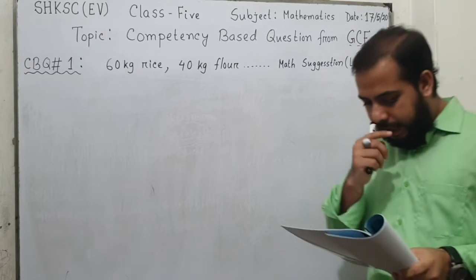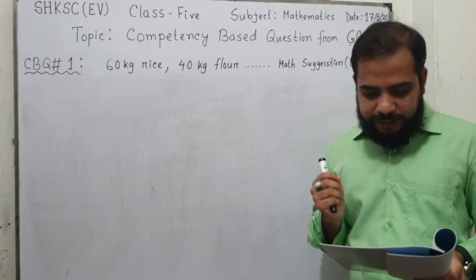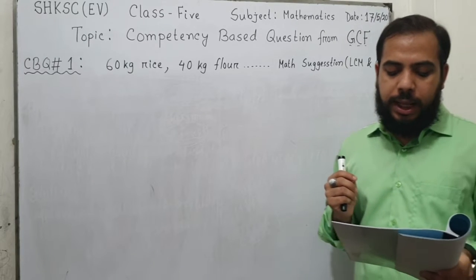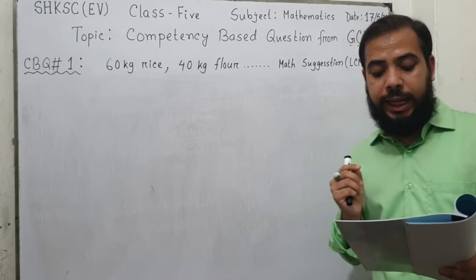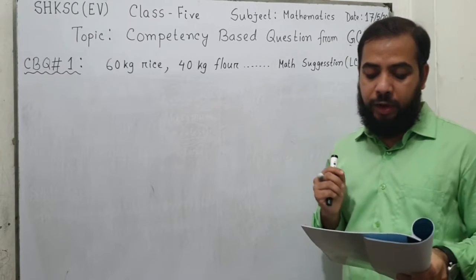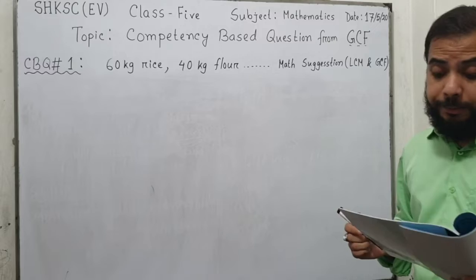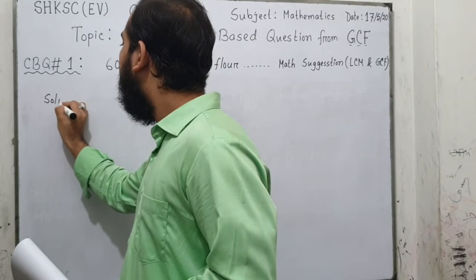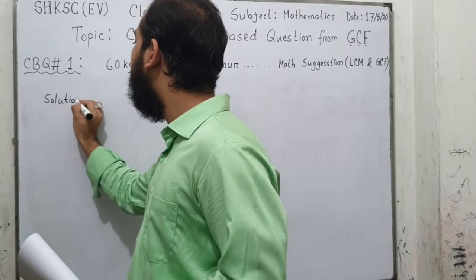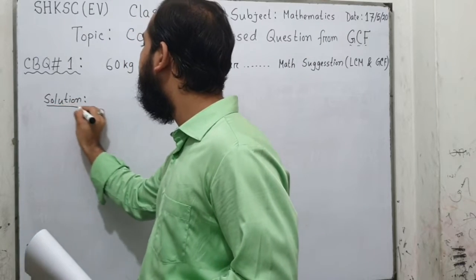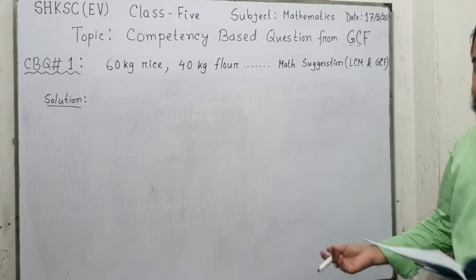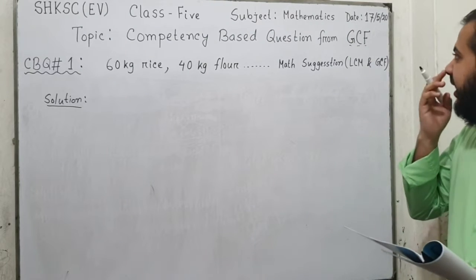Question A asks, what is the largest number of families among whom rice and flour can be divided equally? Rice and flour. The question says largest, so we'll do GCF.